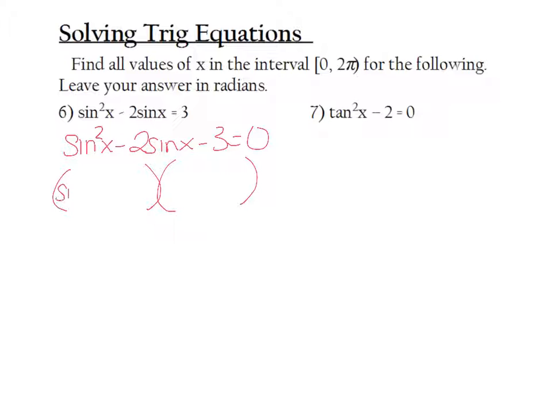So you're going to split it sine x, sine x. And then for your last, you're going to find factors of 3. That's just 3 and 1. It's the only thing it can be. But it is a negative 3, so I'll need to make one of those negative and one positive. It would appear that because this is a negative, I'll want my 3 to be negative. Set it equal to 0. Once we factor, we set each of them equal to 0.